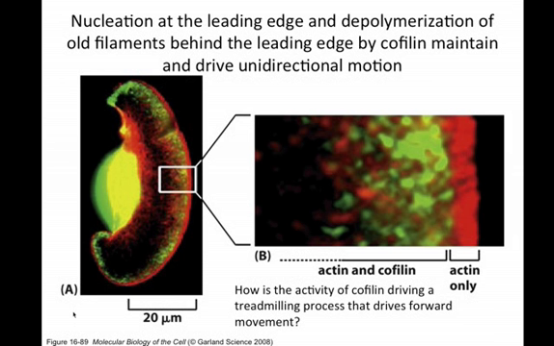Critical concentration. The critical concentration is higher at your plus end and lower at your minus end. Actually, I believe it's lower at your plus end and higher at your minus end.